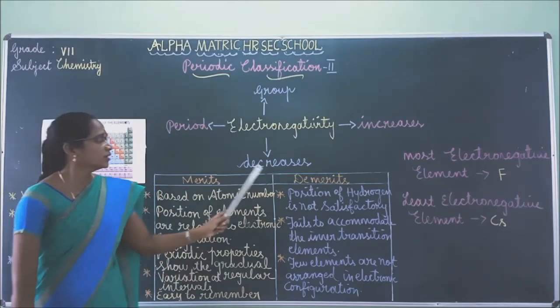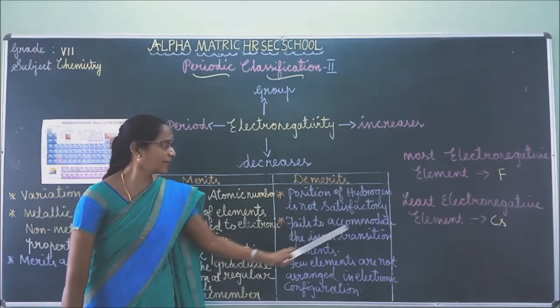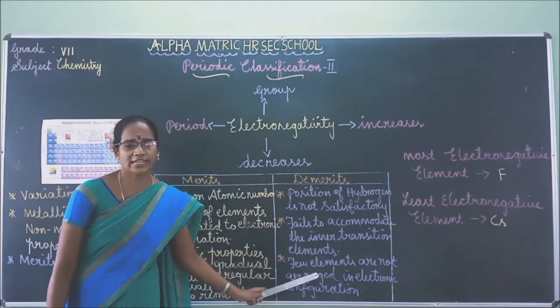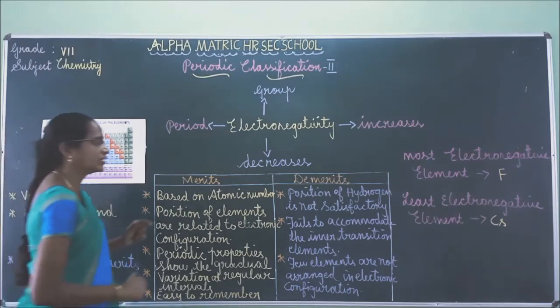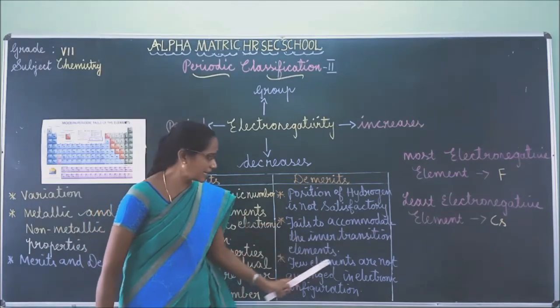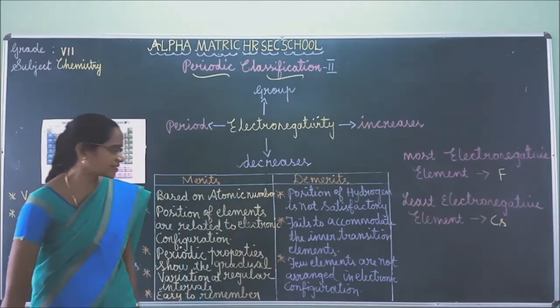Next one, it fails to accommodate the inner transition elements. The inner transition elements are lanthanides and actinides. So these inner transition elements are not accommodated here in the center of the periodic table. So it is one of the demerits.